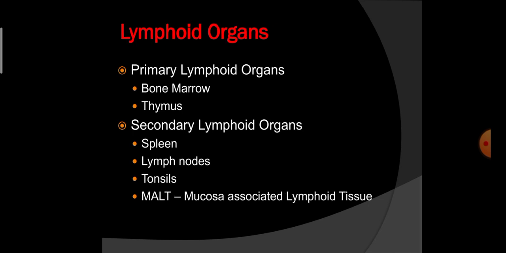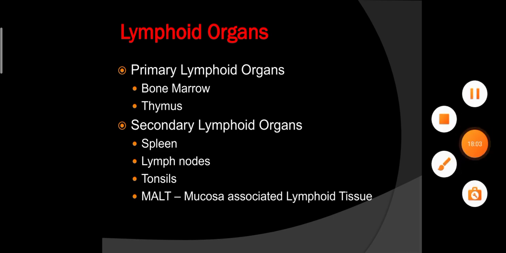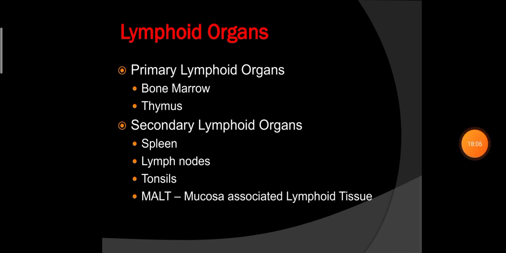Okay. Now coming to the lymphoid organs. There are two types: primary lymphoid organs and secondary lymphoid organs. Primary will be bone marrow and thymus. They are the lymphoid organs where lymphocytes are produced. Bone marrow is the main lymphoid organ where all blood cells are produced.